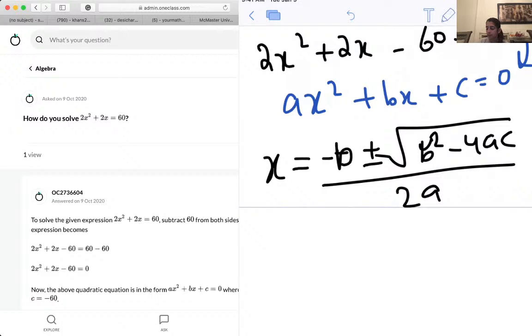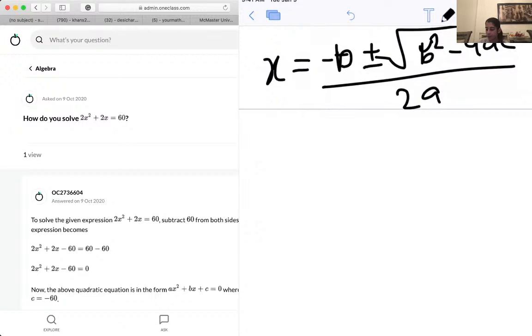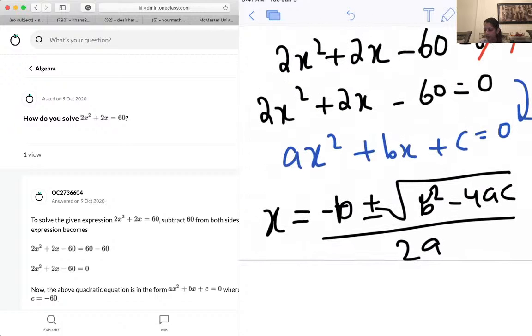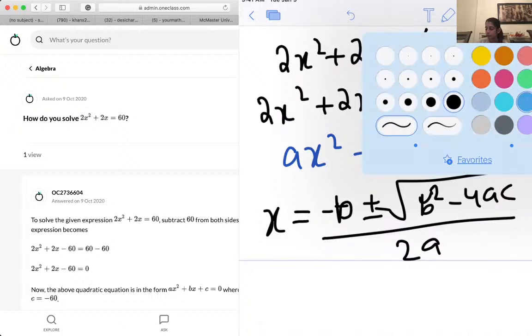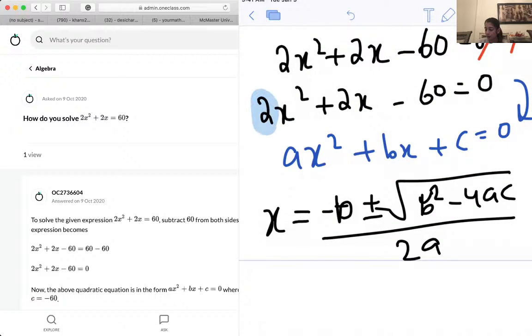So put in our values over here. Our 2 would be our a value, b would be 2 and c would be negative 60.